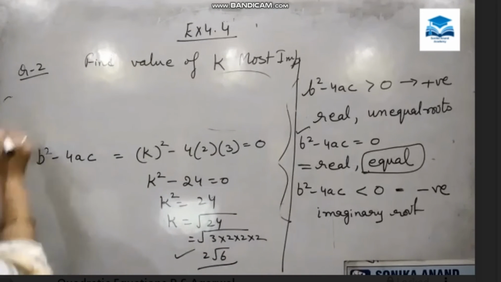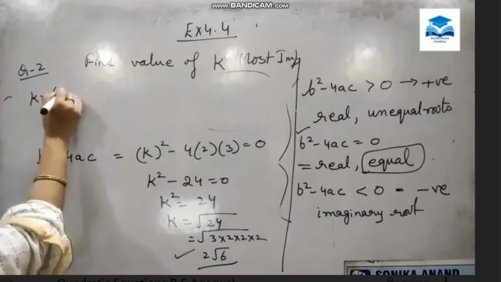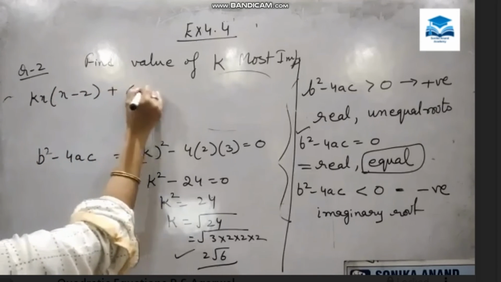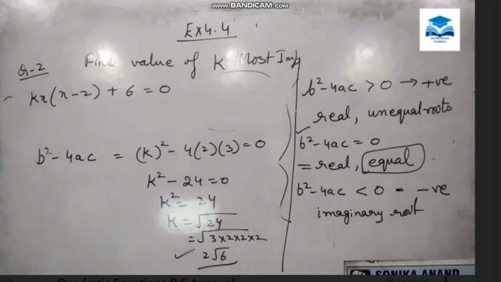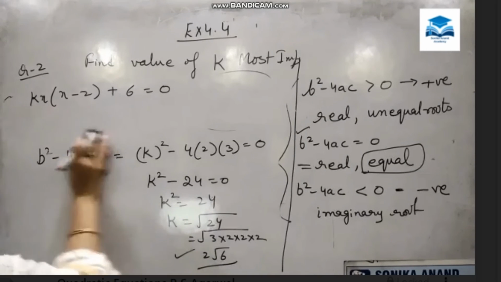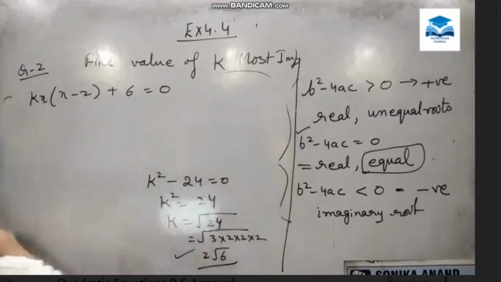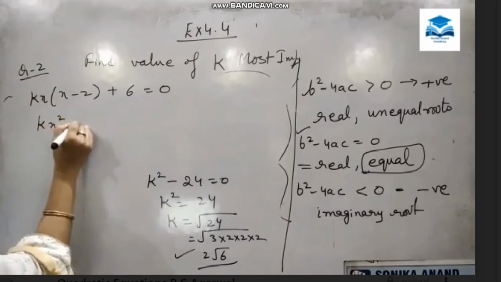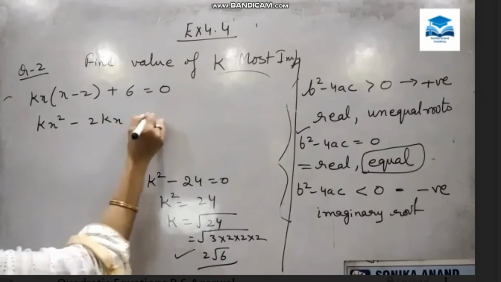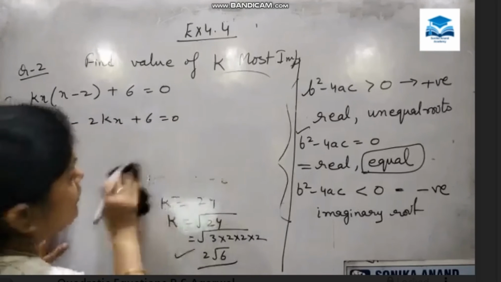Next question we have kx into x minus 2 plus 6 is equal to 0. Now here we have to multiply and expand it. So we get kx square minus 2kx plus 6 is equal to 0. Now we have to solve this.